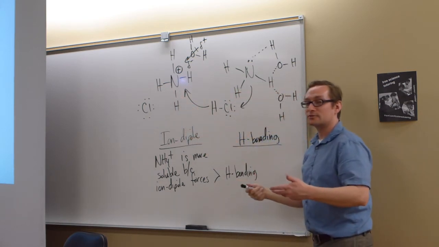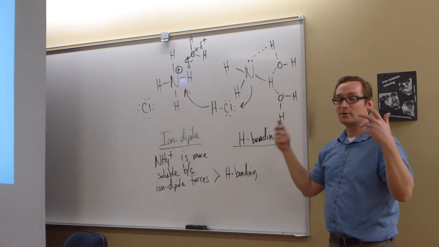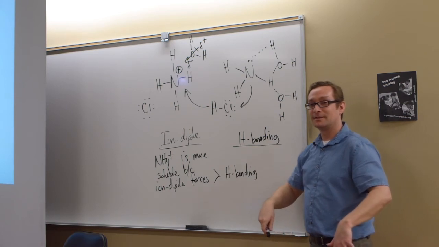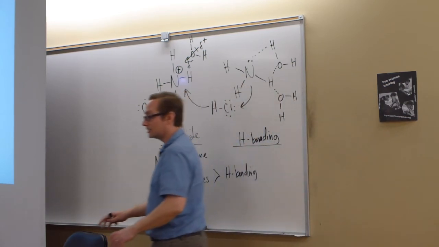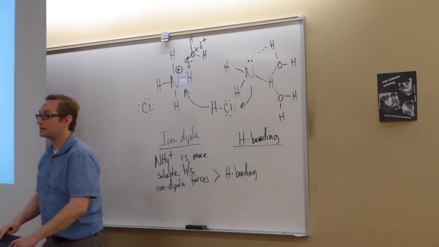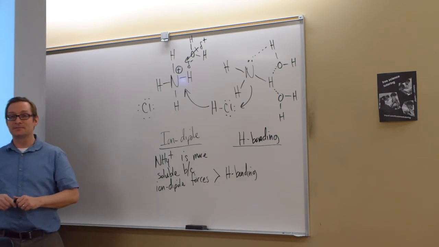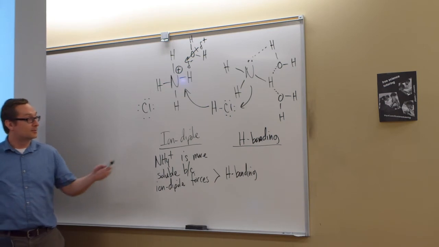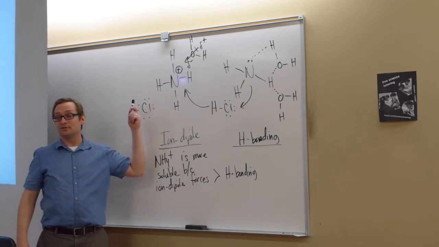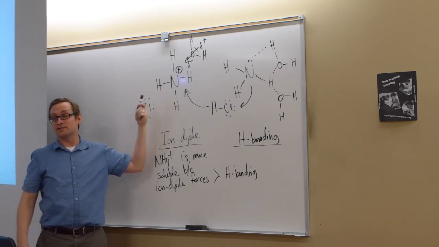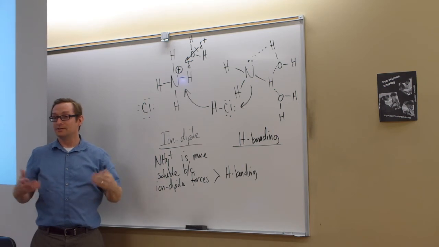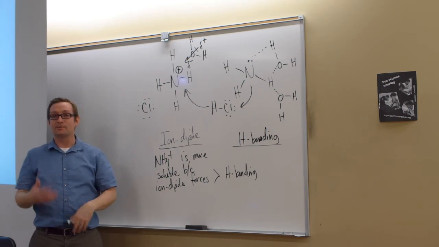Why do they want to make the drug more soluble? What is the vast percentage of our body made of? Water. We are aqueous organisms. So because of that, they acidify drugs into ammonium chloride salts to make it more soluble in us so that we can metabolize it better.